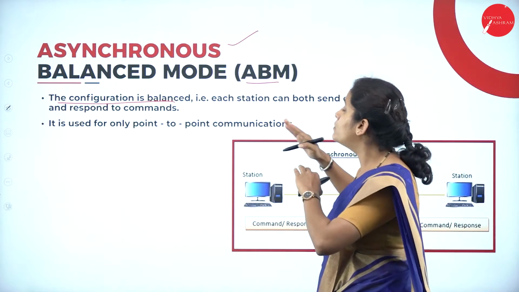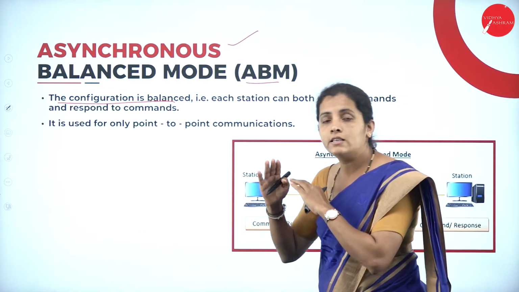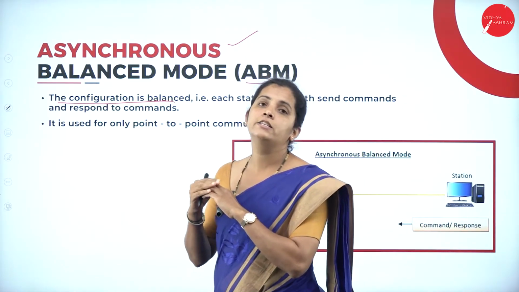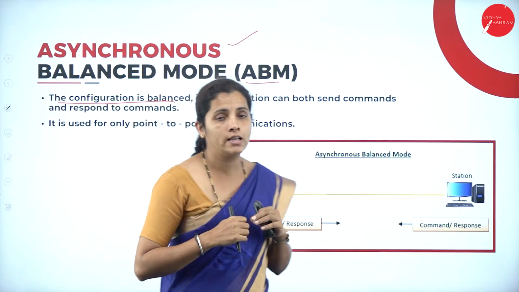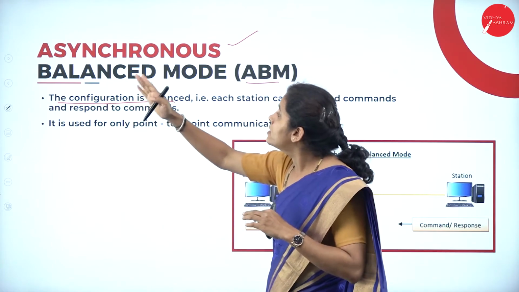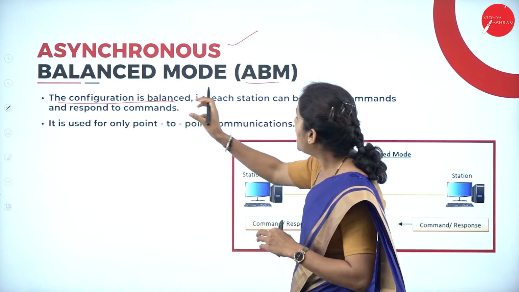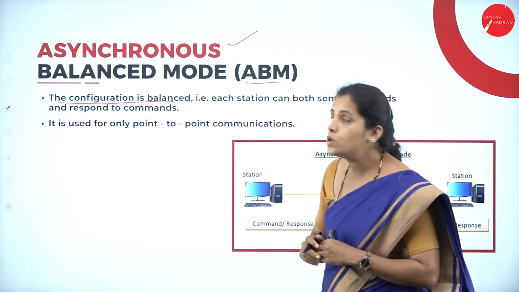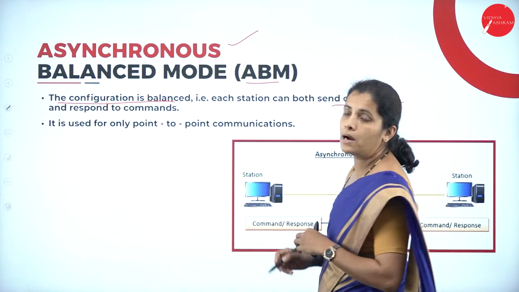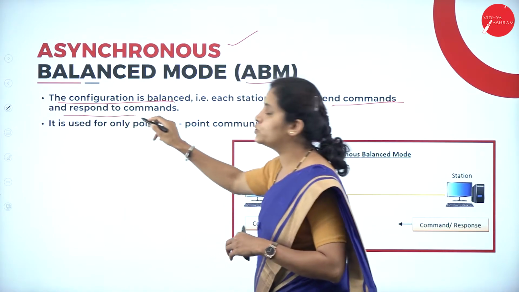That means both the stations, primary and secondary, can send and respond to each other. So the configuration is balanced, that is each station can both send the command and respond to the command.